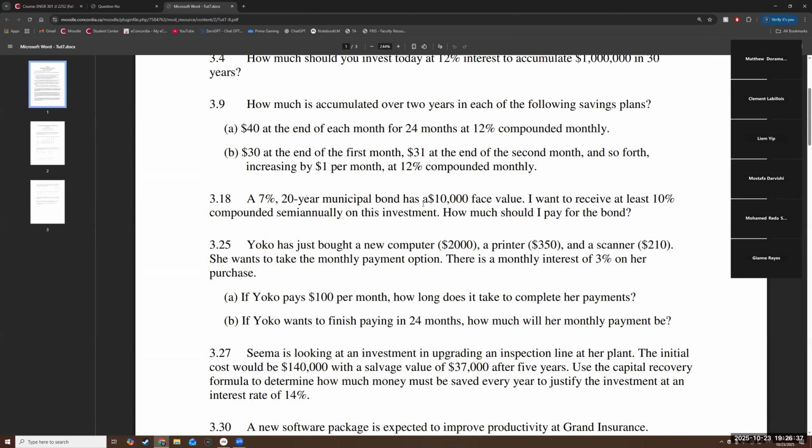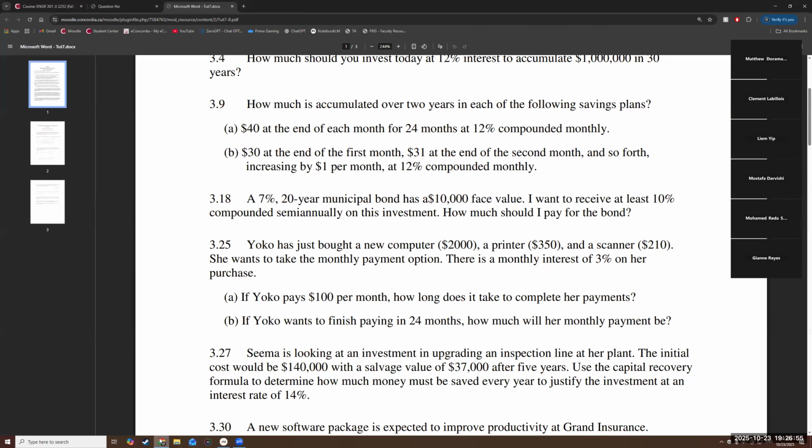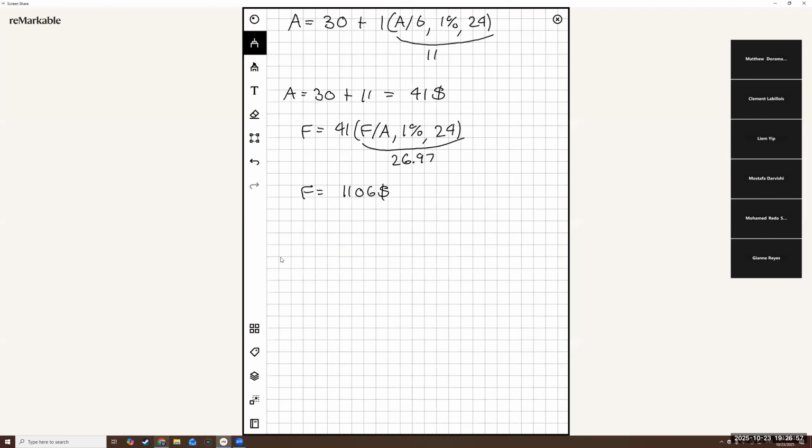How much should I pay for the bond? This question is a tiny bit tricky because it requires you to understand how a bond works. But I'll explain that here. So this is question 3.18.